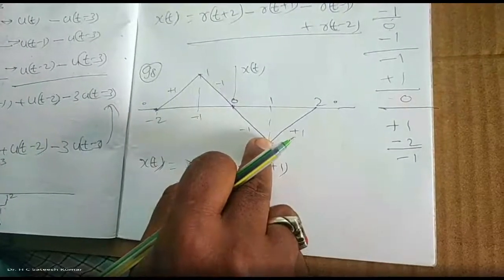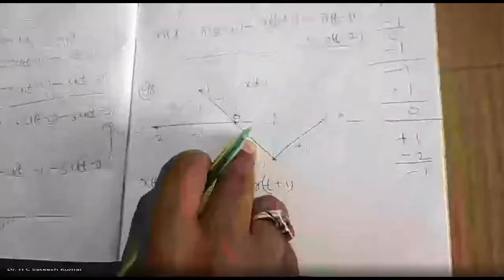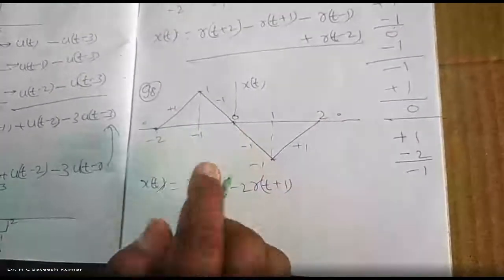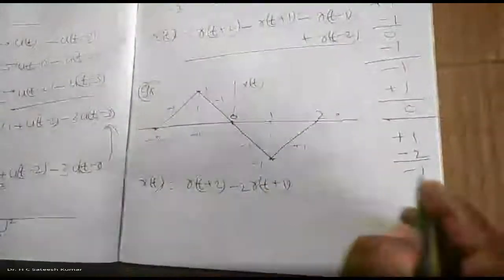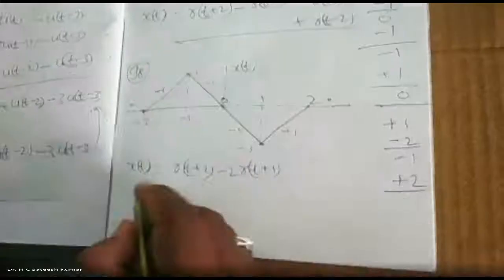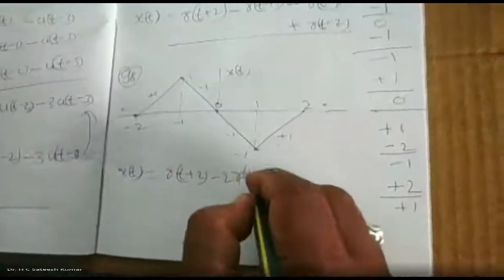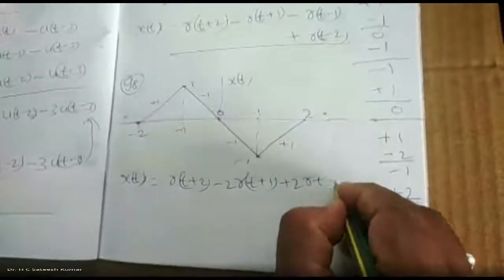Now what I'll do is I'll cut it. If I want to cut this one, what is the slope? Now I am going with slope of -1. I want a slope of +1. What I should add? So +2 you add it. What will you get? +1. So therefore +2 into r of t minus 1.